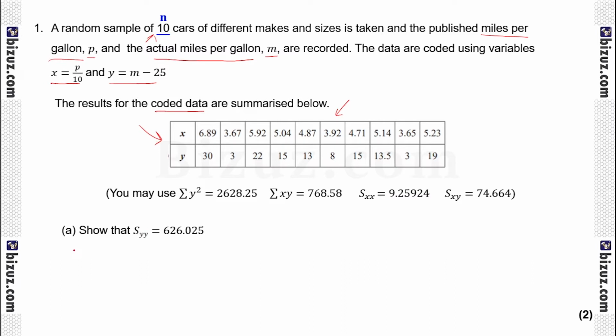Okay. Part A, show that the summary statistic S_yy is equal to 626.025. Okay.